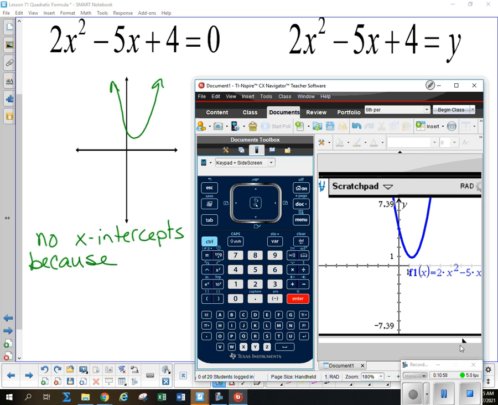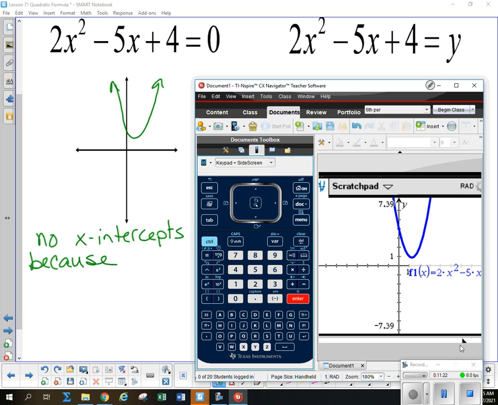Now when we just solved it with equals 0, we got imaginary solutions, right? We had an i in our answers. Yes? See some heads nodding? We got i's in our answers when we solved it with the 0 in there. We did not get any real numbers, just imaginary numbers.